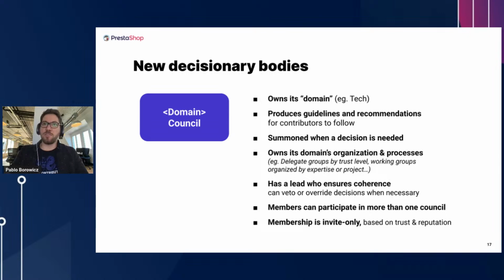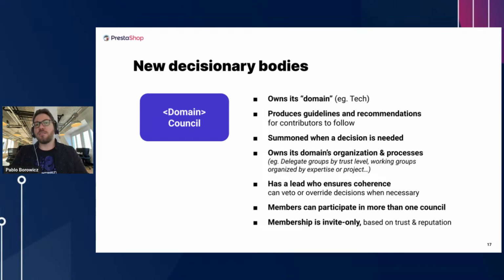So basically make decisions and write them down as best as they can, so that they don't have to pronounce themselves on every single decision that needs to be made in that domain. So there's a trace of past decisions. They're only summoned when a decision is needed.